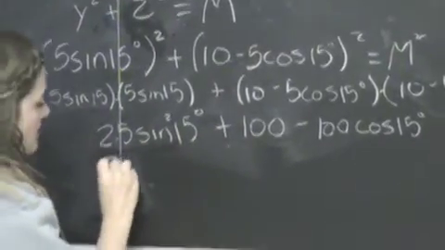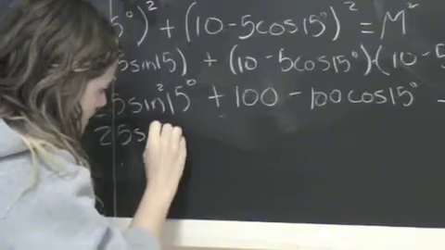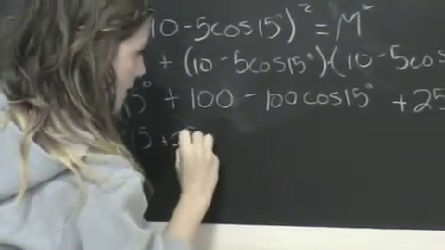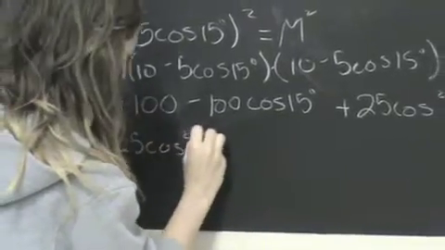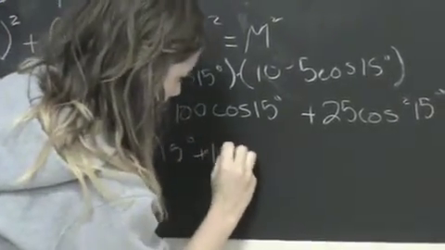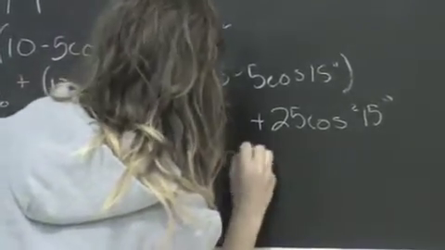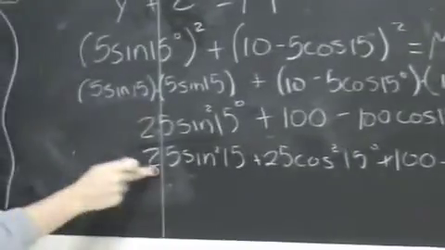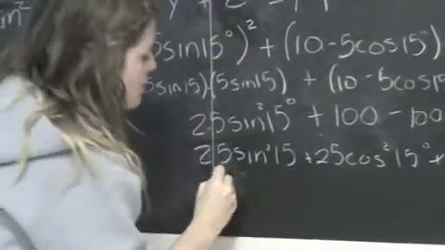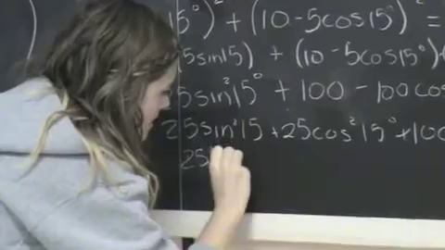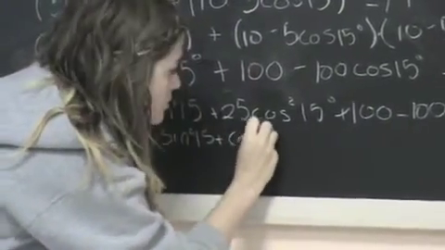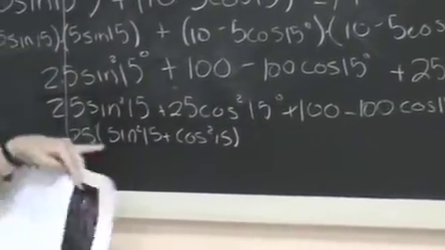And you'll see why in a second. So if you take out the 25 from here, you get 25 sine squared 15 plus cos squared 15. And that resembles what? This thing.